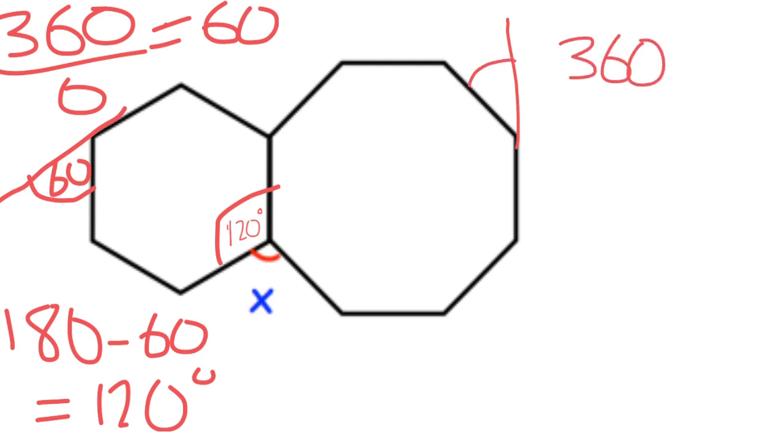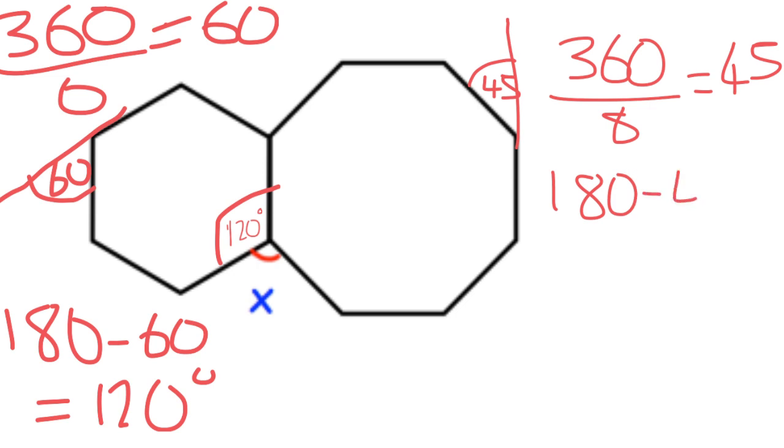So it's 360 divided by 8, as there is 8 sides, which is 45. So then I've got 180, take away the 45, will give me 135 degrees, which is also here.